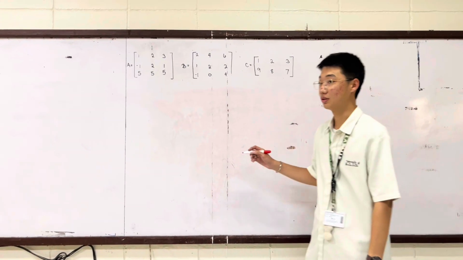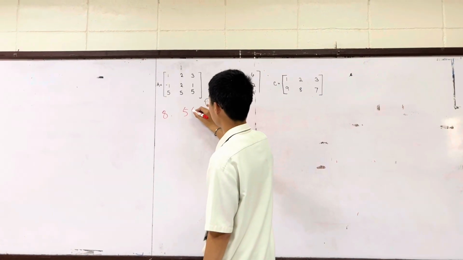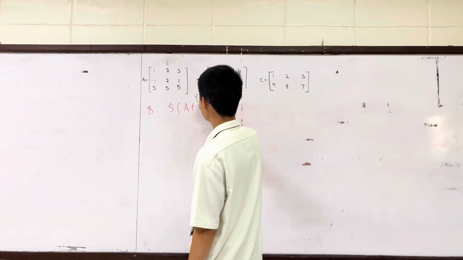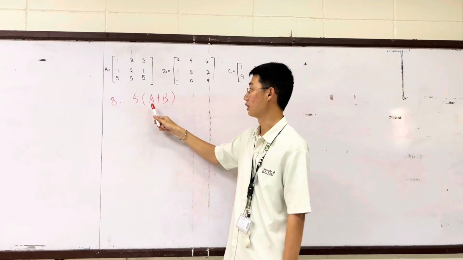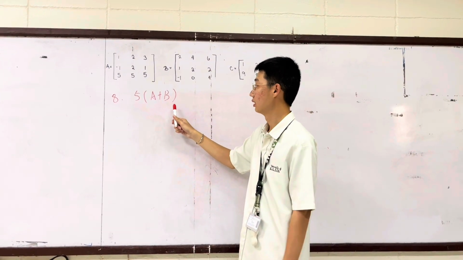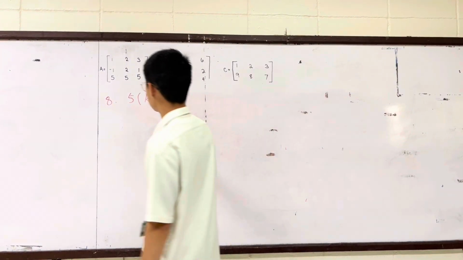So now let's proceed to number 8, which is 5 times A plus B. In this situation, we should solve the matrix A plus matrix B first, and then we use the result to times 5. So let's copy it first.